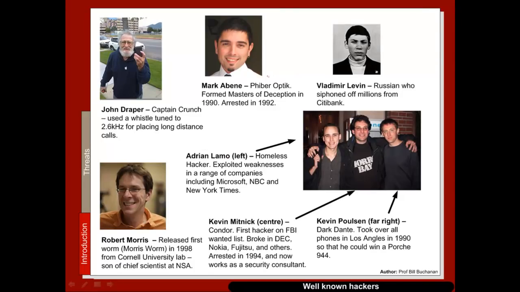Some of the hackers from the past include these. We have John Draper, who was known as Captain Crunch, because he managed to get a whistle from a cereal packet, and he used this whistle to tune into 2.6 kilohertz, which allowed him to place long distance calls.